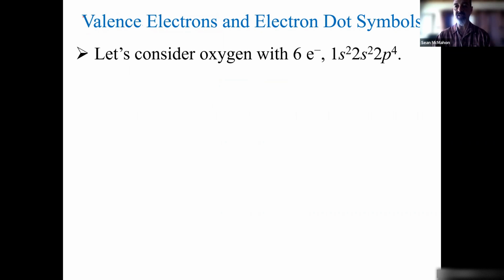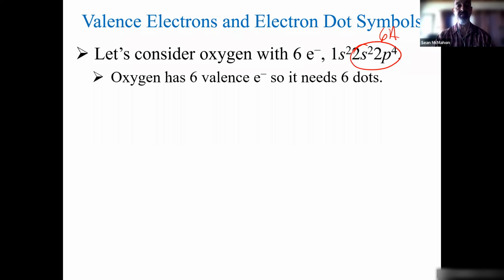So if I look at oxygen, it's 1s2, 2s2, 2p4. Look at a periodic table. Even though it's group 6A, that's the number of valence electrons in the second energy level. So how am I going to draw the 6 valence electrons? 6 dots.